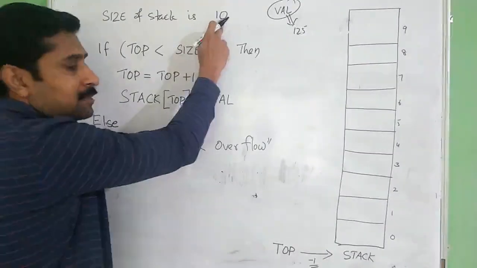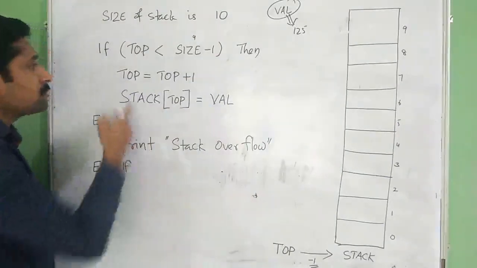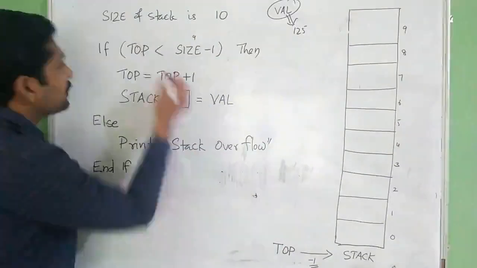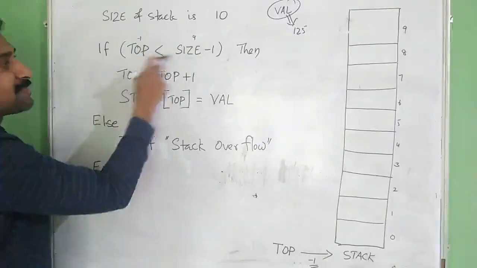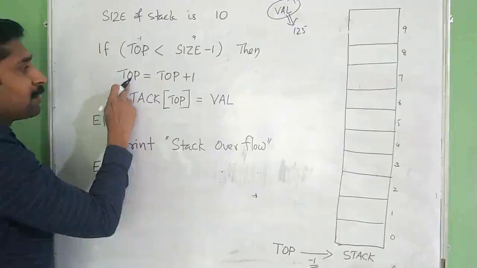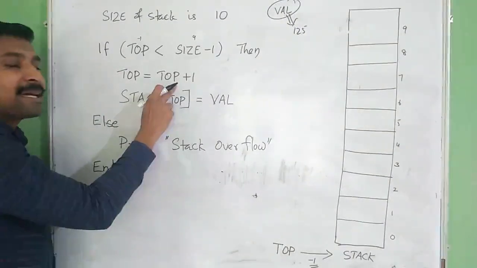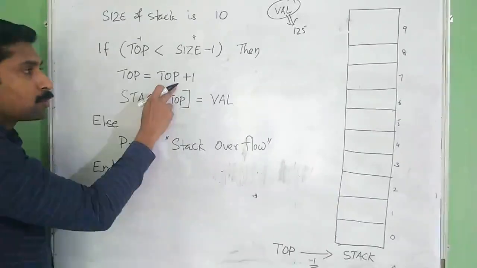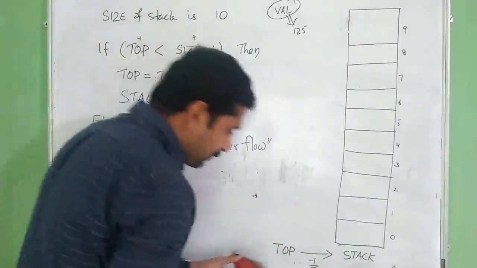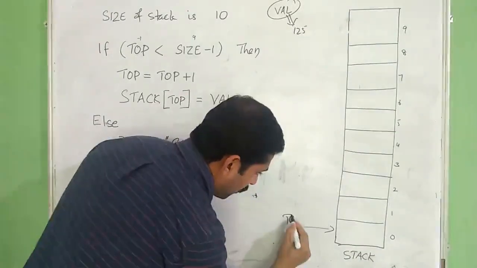Size is 10, so size - 1 is 9. Top is initially -1, so it is less than size - 1. So we perform top equal to top plus 1. Top points to this position and becomes 0.